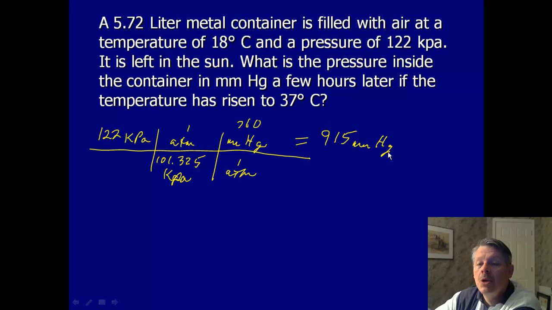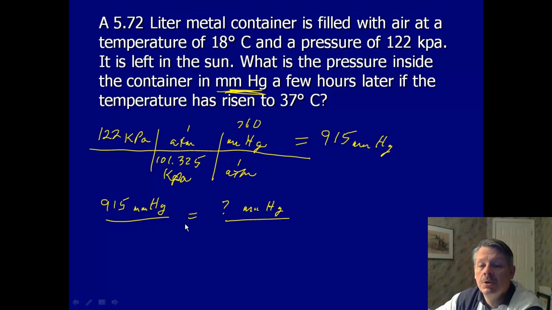That's a number you haven't seen before. So we just went through the math to convert to millimeters of mercury first so that when I'm done using Gay-Lussac's law, I'll come up with millimeters of mercury. All right, so let's go ahead and do that. We start with 915 millimeters of mercury, and that's going to equal some number of millimeters of mercury. Remember, we have to be consistent in our units.